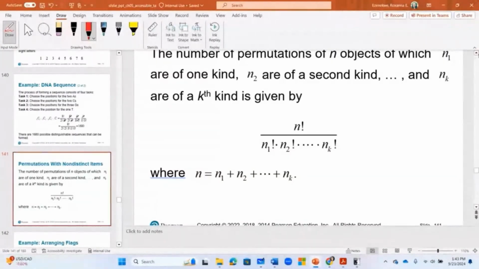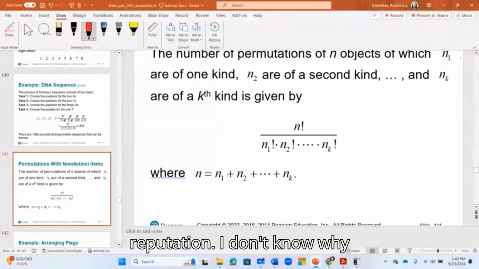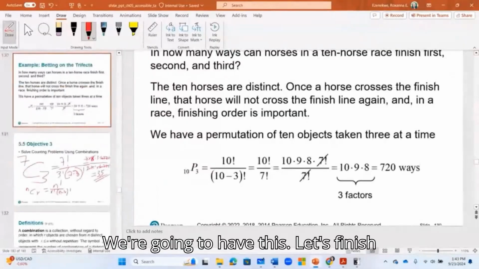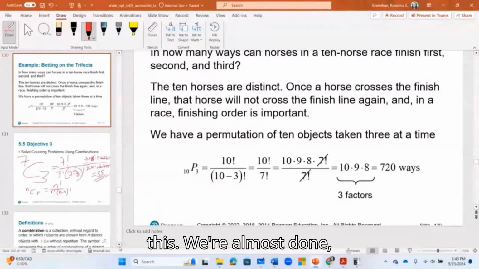It is the difference between combination and permutation. Remember, in combination, we said, well, let's go to permutation. I wonder why this is frozen. We've got to have this. Let's finish this. We're almost done.